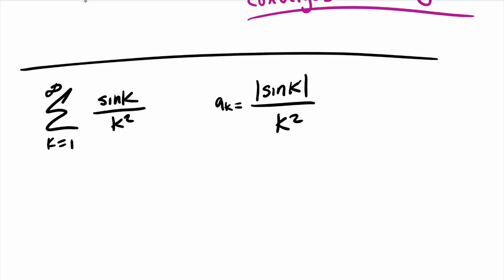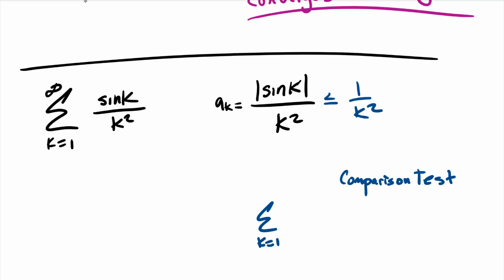So what we're actually going to use is the comparison test, and say that this is less than or equal to 1 over k squared, since the largest sine can ever be is 1. Would this sum converge? Because it's bigger than this one. Well, yeah, it converges by p-series.